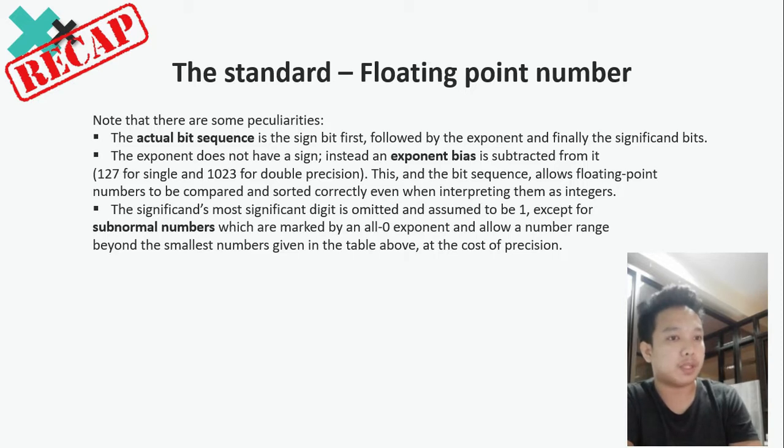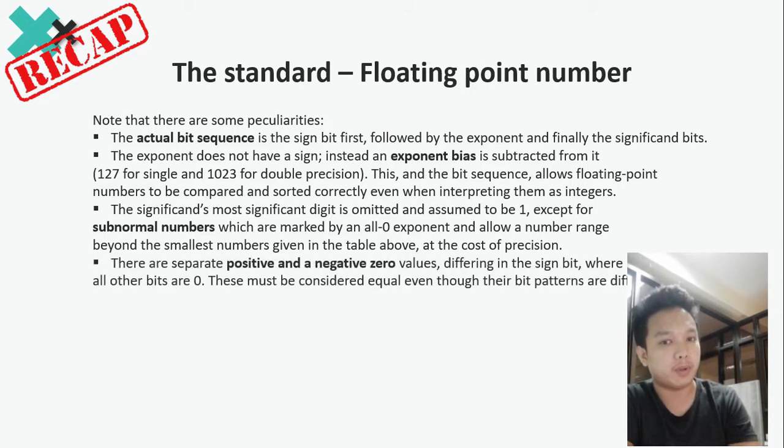This and the bit sequence allow floating point numbers to be compared and sorted correctly, even when interpreted as integers. The most significant digit is omitted and assumed to be 1, except for subnormal numbers, which are marked by an all-zero exponent and allow a number range beyond the smallest number given in the table above, at the cost of precision.